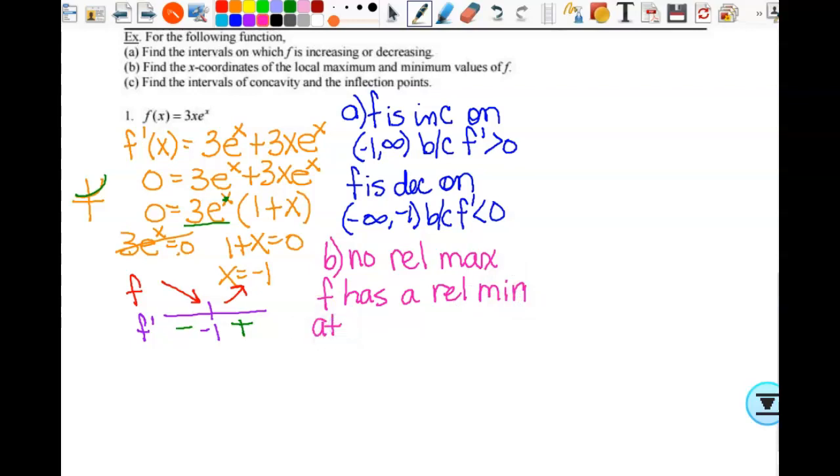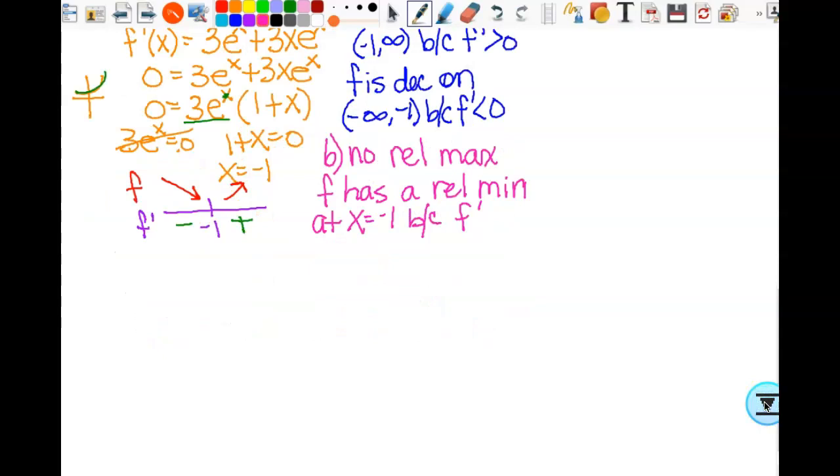Do I just put -1? x equals -1, good. x equals -1 because f prime, what? Good, changes from negative to positive. Changes from neg to pos. Okay. What questions do you have? We good? Okay. All right.